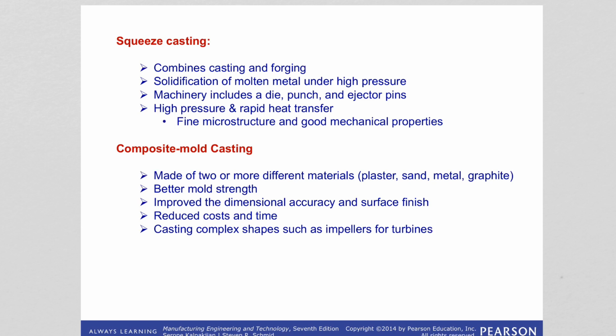And this will of course reduce the cost and time because you don't need further processing of the part. Casting of complex shapes is possible with this technique. And you can adjust, as we talked, the rate of solidification. You can control it because you are controlling the properties of the materials that are used in the construction of the mold.